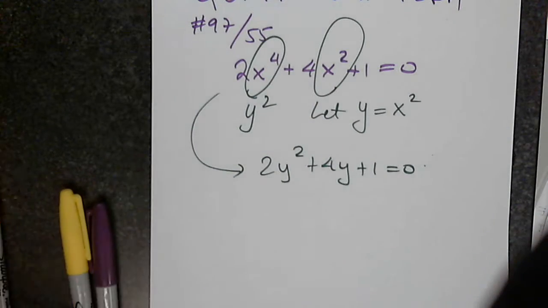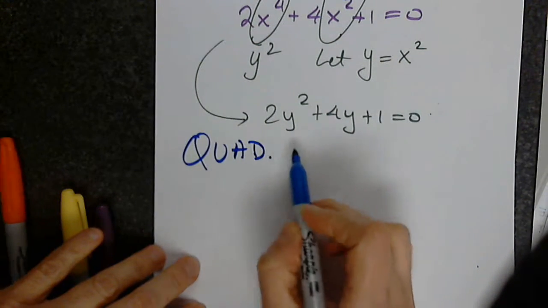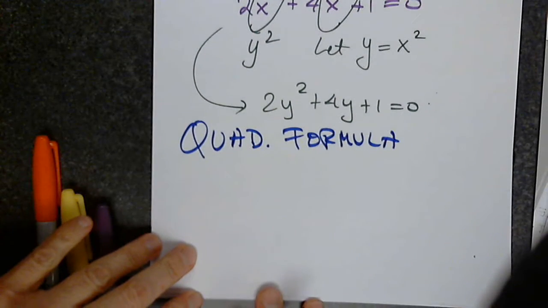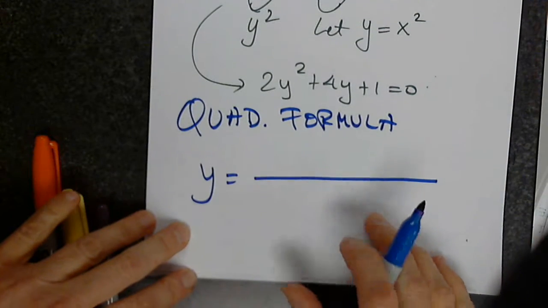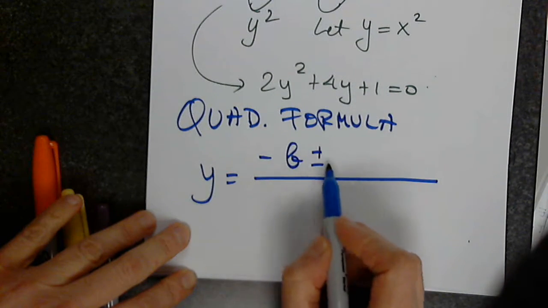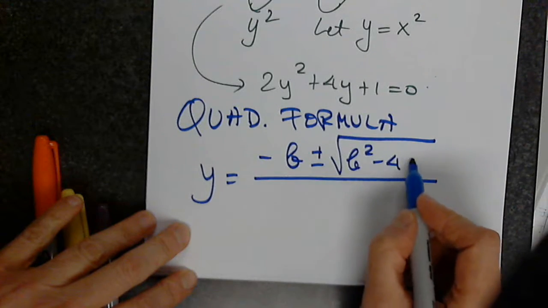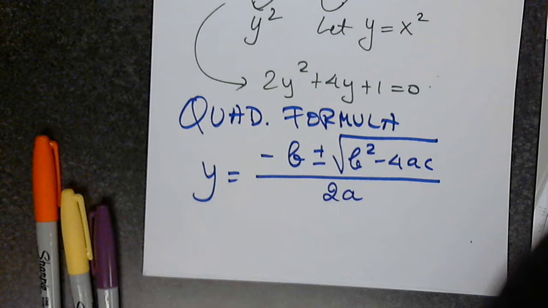And now let's practice the quadratic formula. How do we solve this? Using the quadratic formula. Y equals negative b plus or minus the square root of b squared minus 4ac over 2a.